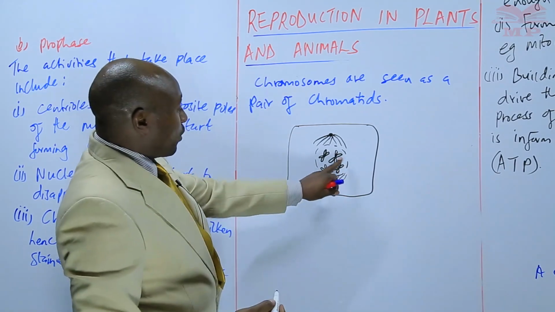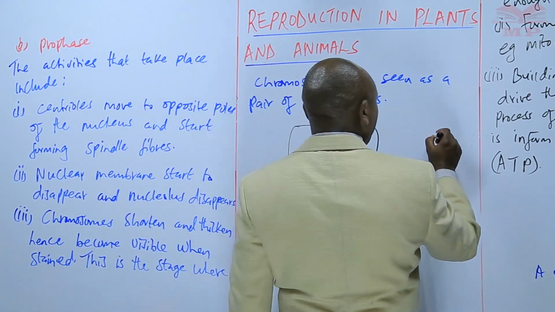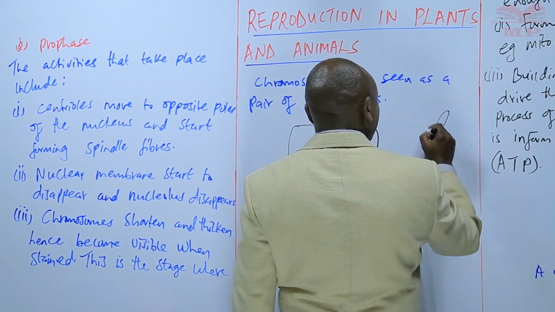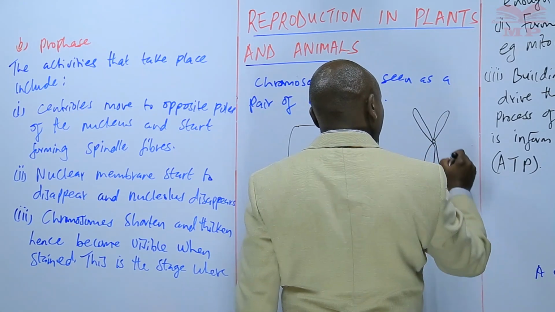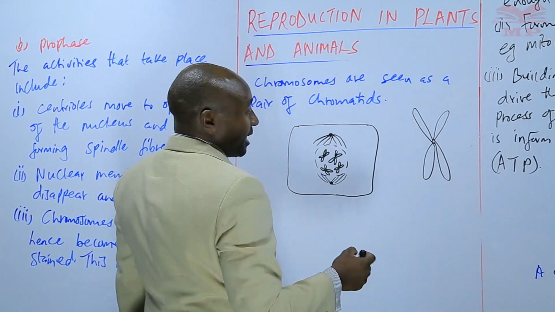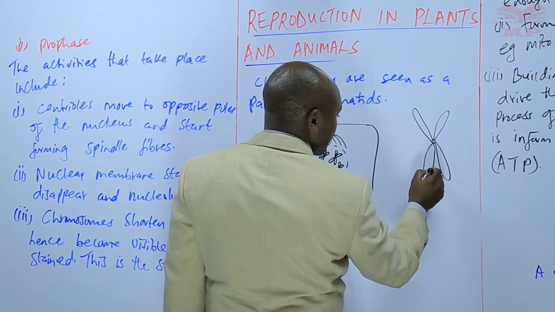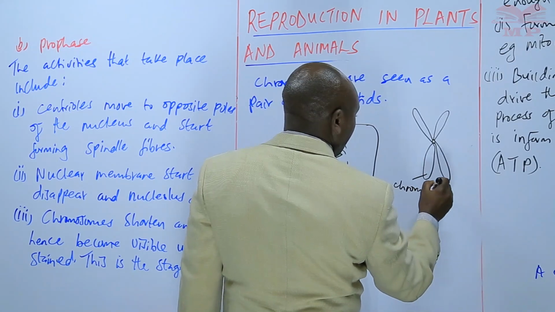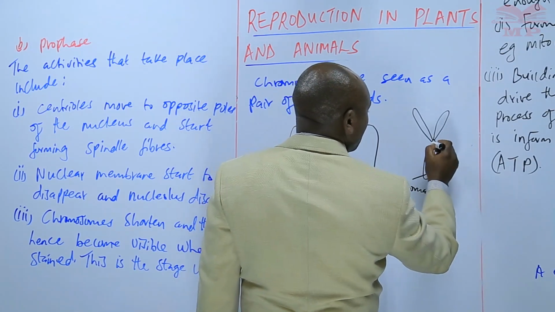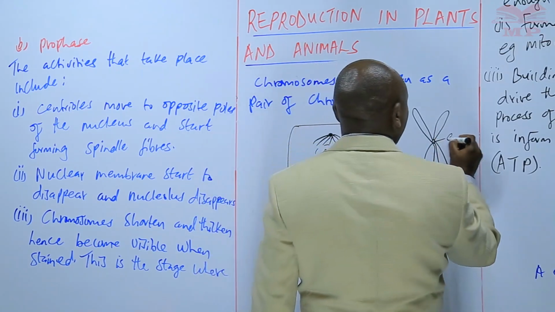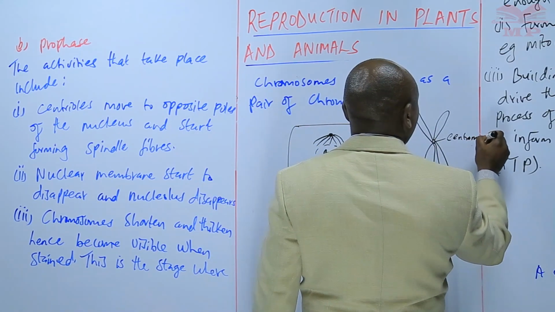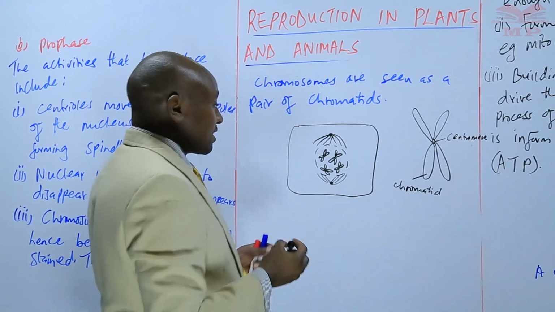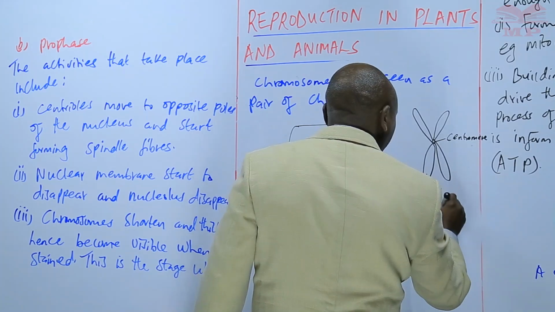So I'll just isolate one of the chromosomes and draw it somewhere here. So the chromosome now will be visible like this. Made of a pair of chromatids. There is this and this. These are chromatids. And this is another one. And the two chromatids are joined together at the centromere. So basically, this is how a chromosome looks like.